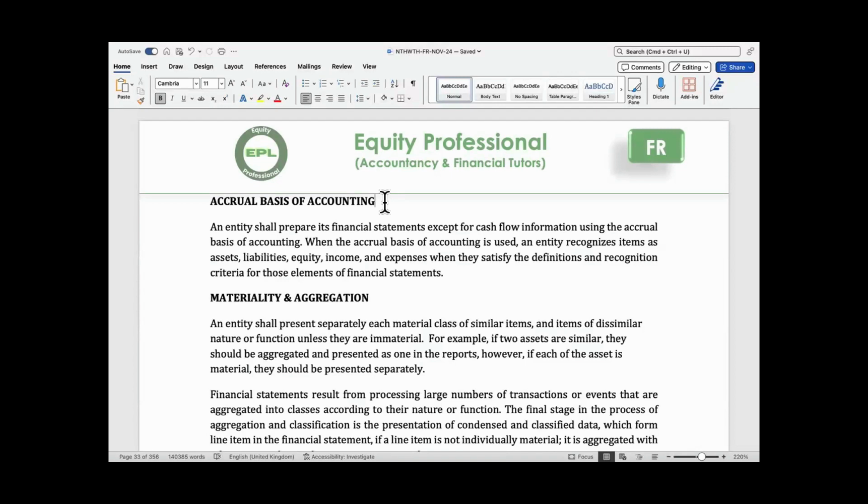So you'll be provisioning for some of your receivables, which will also help you reduce your profit, even though the taxman will ultimately disallow the allowance for receivables if it is a general one, except when it is specific, and they can narrow it down to a particular customer, and you can show them evidence that this person will not pay. When it's a specific bad debt, then of course they would even allow it as a deduction for you.